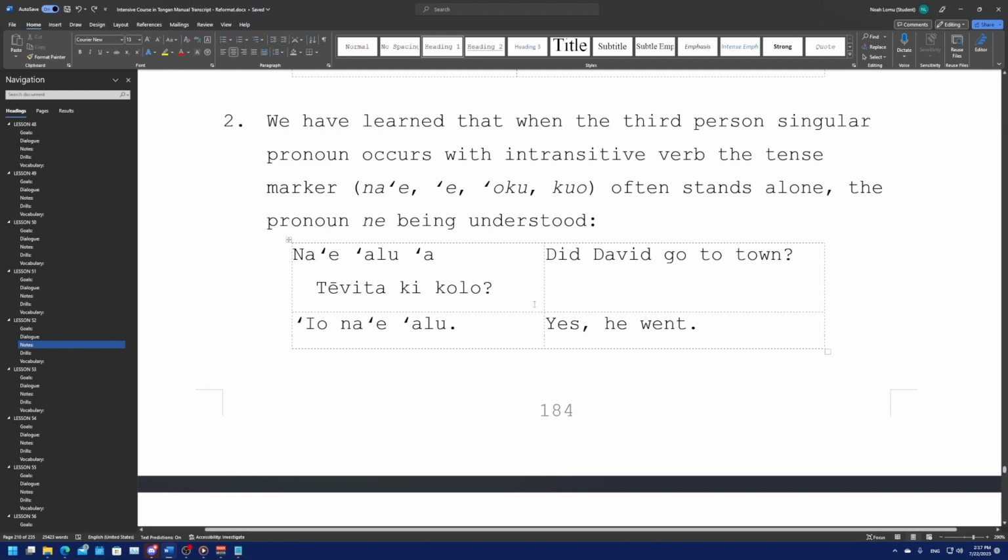This is usually in responses to questions, which is the situation in which it's understood. So if you're saying nai alo atevita kikolo, you don't say io na ne alu, you just say io nai alu, because it's already understood that you're talking about devita. And were you to put a ne in there, it might almost sound like you're talking about someone else that's not David.